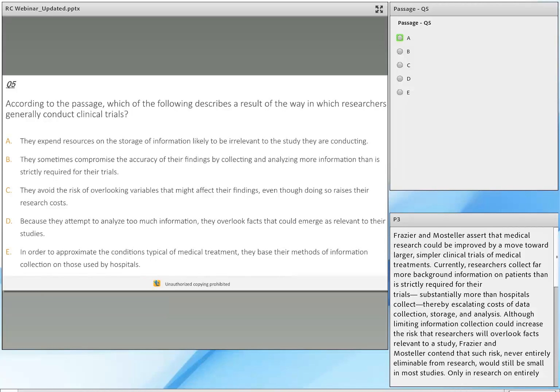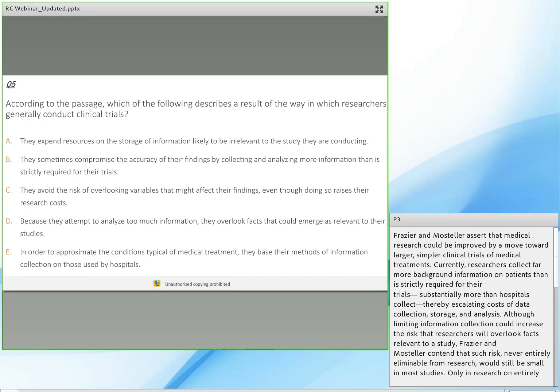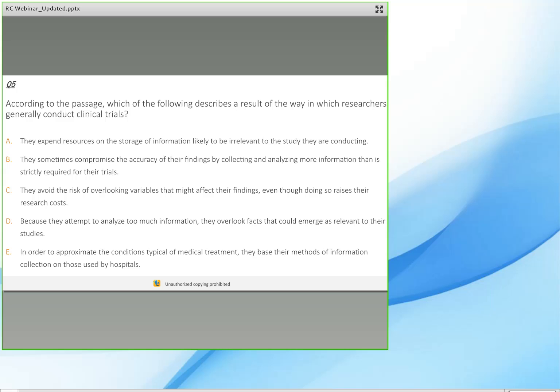Five, four, three, two, and one. Let's end the poll. I'm going to broadcast the results over here because this is the last question for the day. Let me hide this, and let me hide this as well.